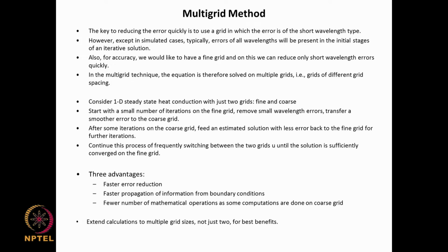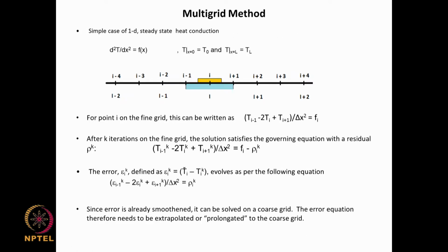Okay. This multigrid can be extended to multiple grid sizes, not just 2, and the more grids that you have, the better will be the benefits. So, let us just see how it works for a 1D problem.